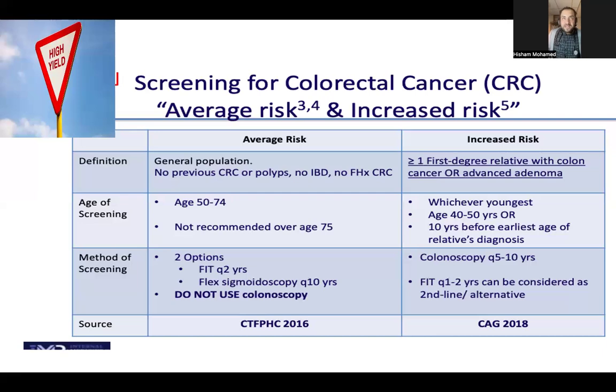It's a simple immune test for stool. For high risk, who has had adenoma before or has a family history, first relative, one or more, you can go for yearly screening, starting 10 years before his relative, and you can go for a different method like colonoscopy. If he refuses colonoscopy, you can go for FIT, but every year.